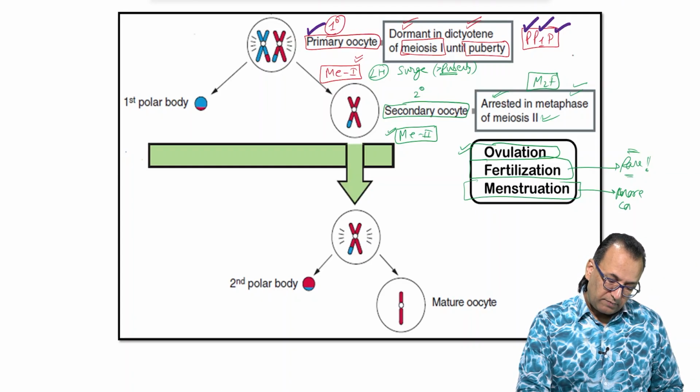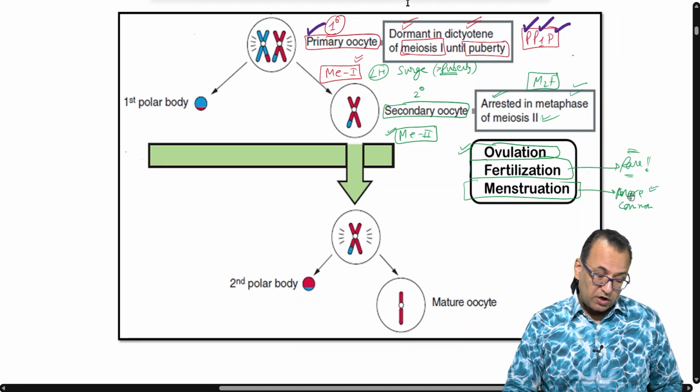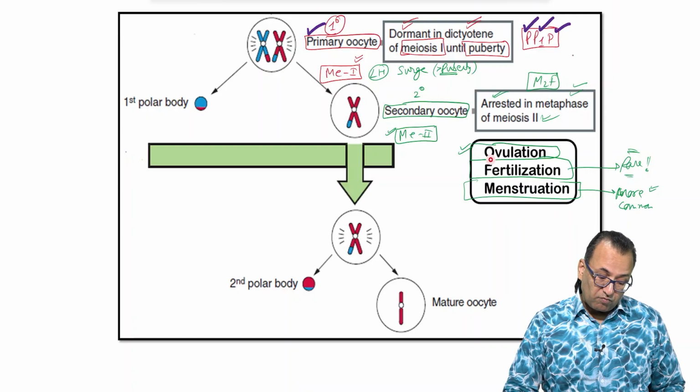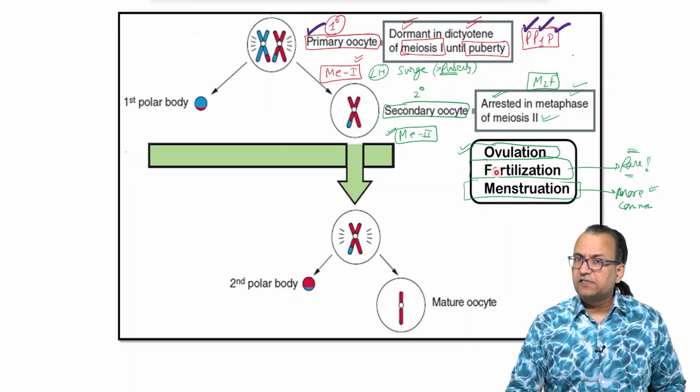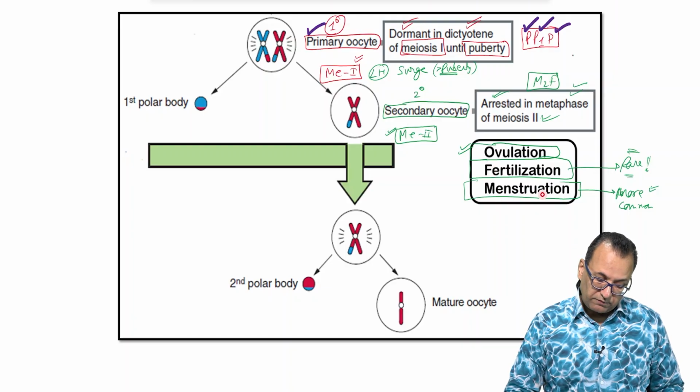Now if you say menstruation is more common, which cell is undergoing menstruation? Whichever cell is undergoing ovulation, if fertilization is not happening, the same cell will undergo menstruation.